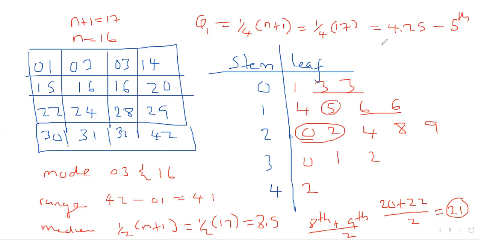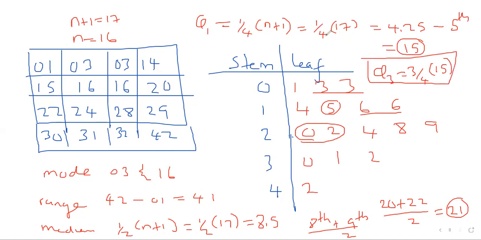What number is this? Okay, 15. So a quarter of 17 is 4.25. You get the nearest figure, the 5th number.